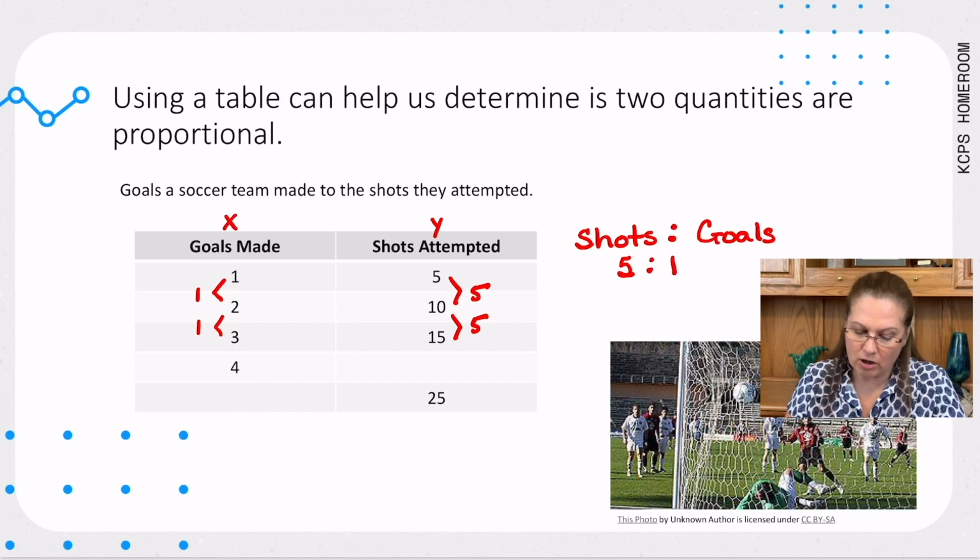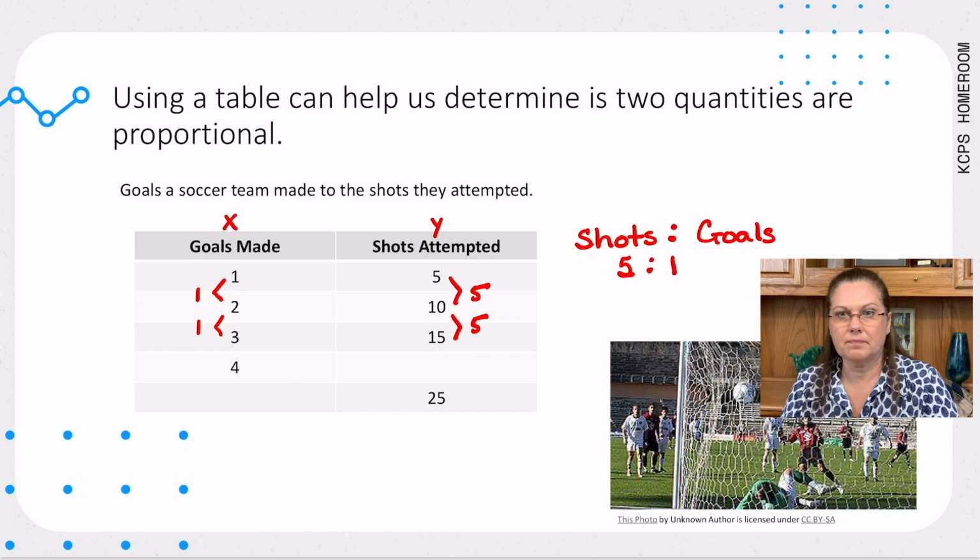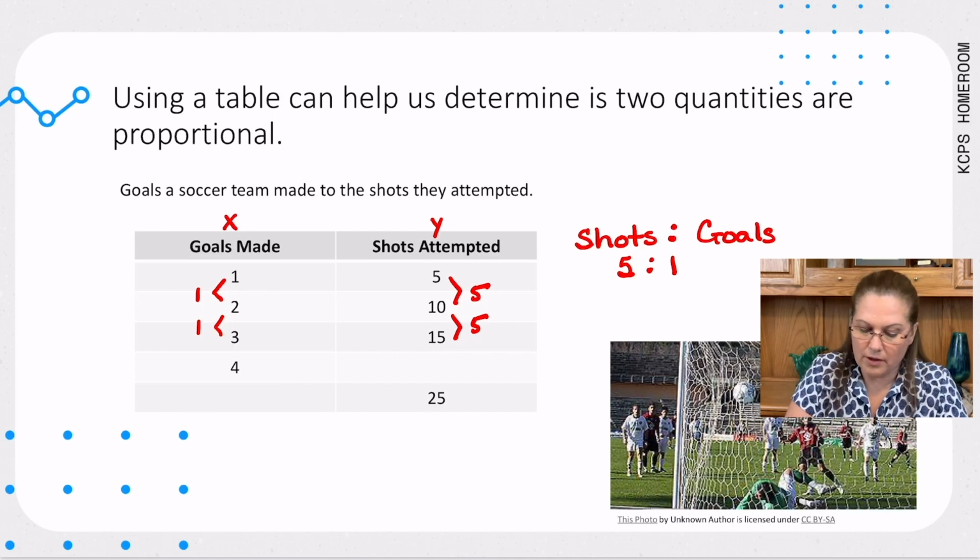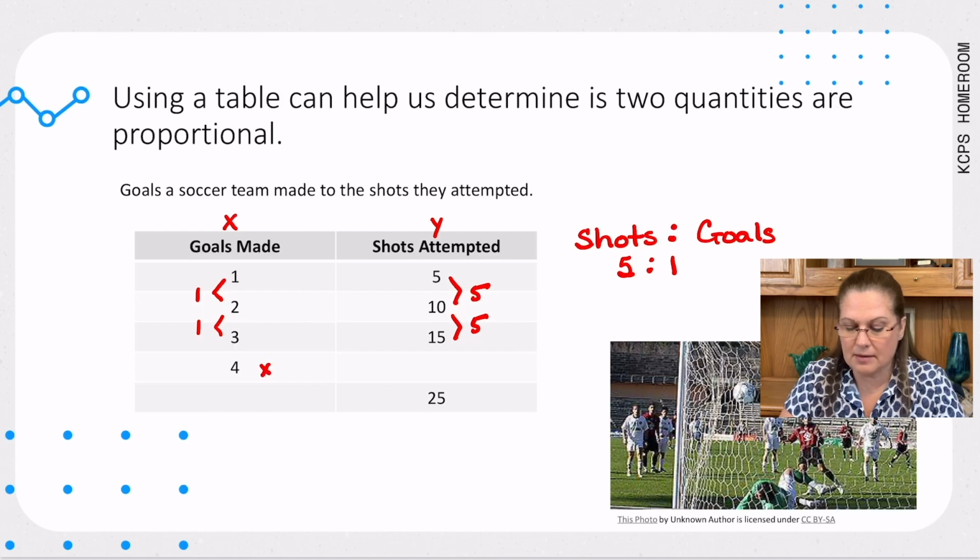If we look at the 4th row of our table, it says we make 4 goals, but our attempts are left blank. How would we figure that out if we know 5 shots for every goal? Probably the easiest way is to multiply 4 times 5 to equal our shots attempted.